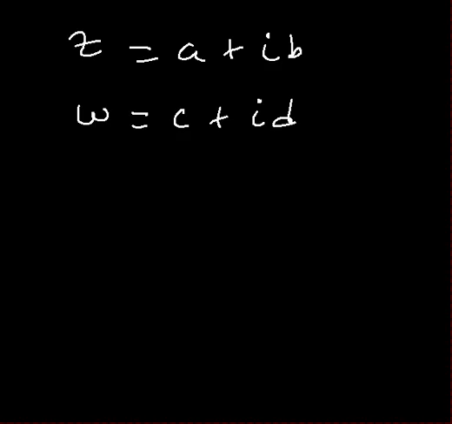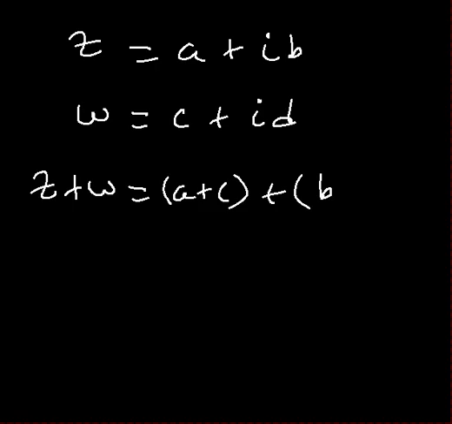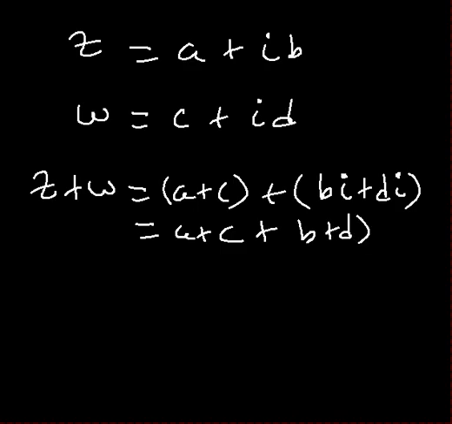Now, how can you add the two complex numbers? If that is the case, z plus w is the same as a plus c, plus b plus d, times i. So that's how you can have it.